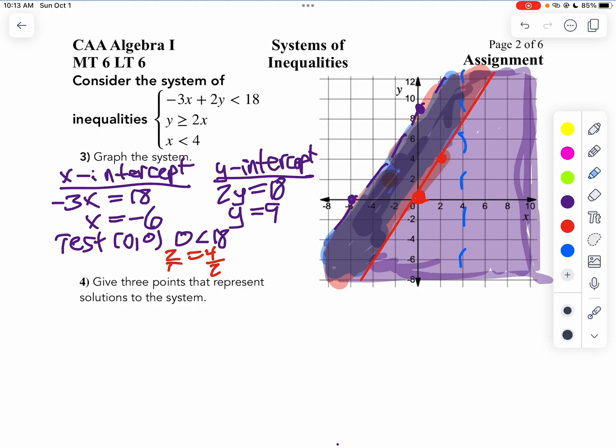On question number 4, notice there are multiple correct answers. Why are there multiple correct answers? Because I can pick any point in that shaded region.